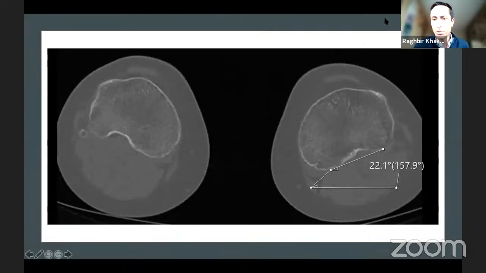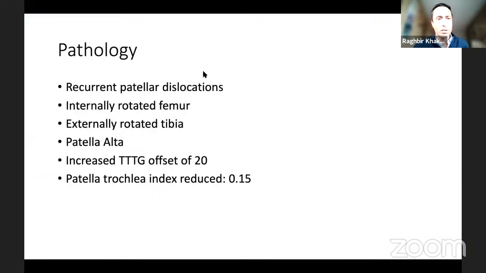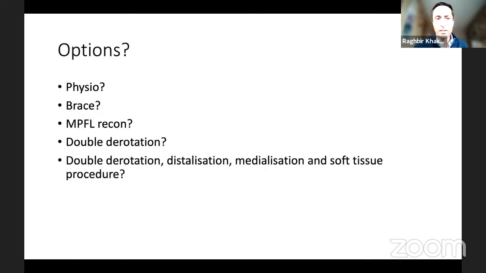At the proximal tibia, you can see 22.1 degrees internal rotation and 25.7 degrees external rotation. So the pathology essentially is recurrent patellar dislocations with internally rotated femur, externally rotated tibia, patella alta based on the MRI scans, with an increased TTTG offset and a reduced patellar trochlear index.